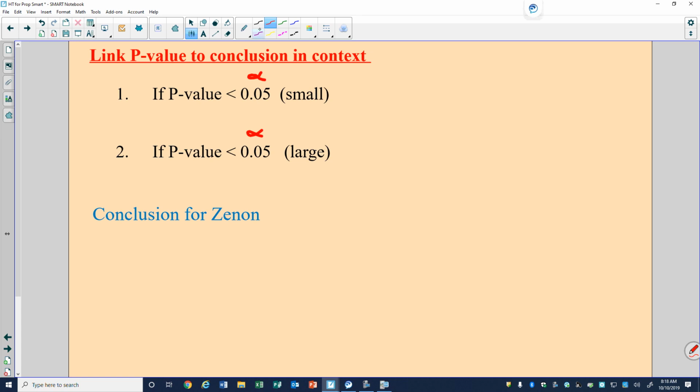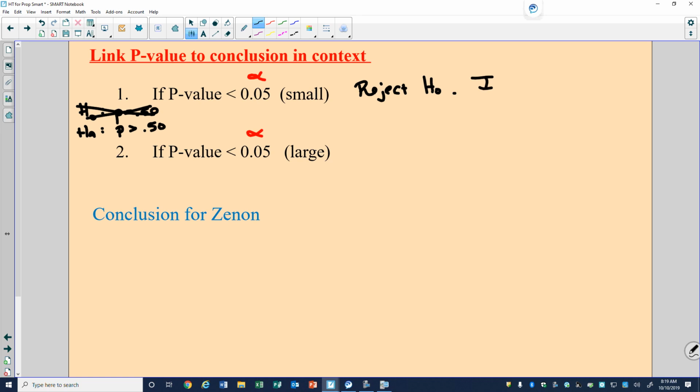But if that p-value is less than 0.05, which means it's small, we are going to reject the null hypothesis. And if you think about it, if I have a null hypothesis here that said the proportion is 50%, and then I have an alternative hypothesis here that was trying to prove the proportion was greater than 50%, if I reject the null hypothesis, that means I'm stating the alternative is true, okay?